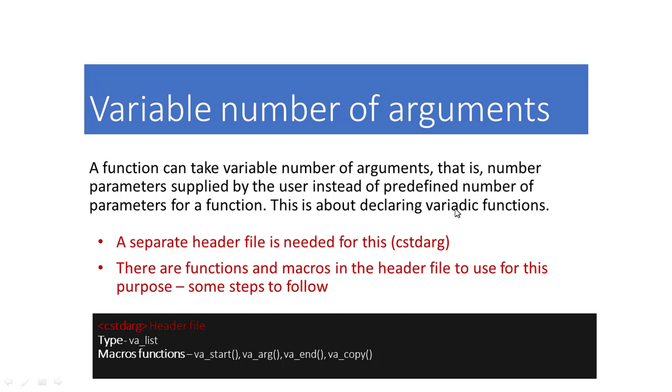For this process, a separate header file is needed, and that header file is cstdarg. It is a header file for C++, but it was inherited from the C programming language. There are functions and macros in the header file to use for this purpose.